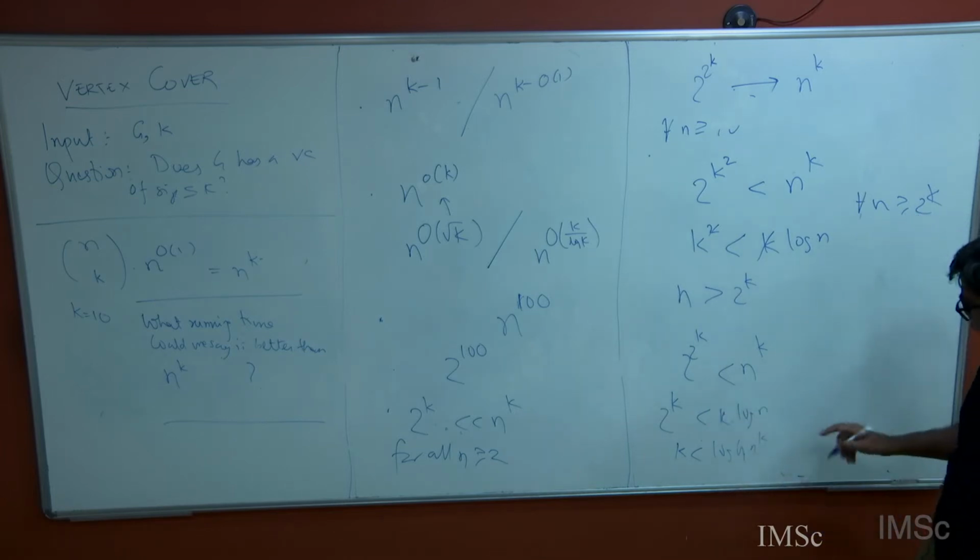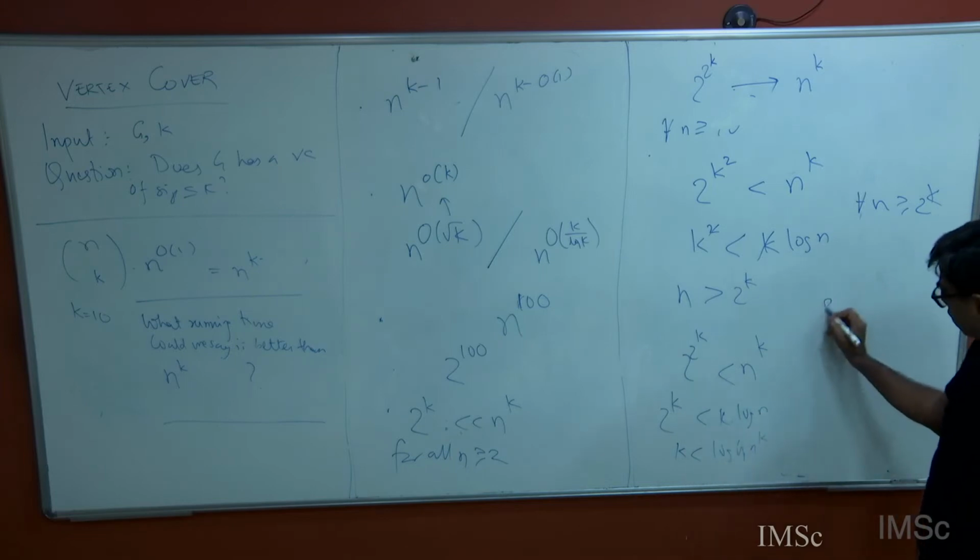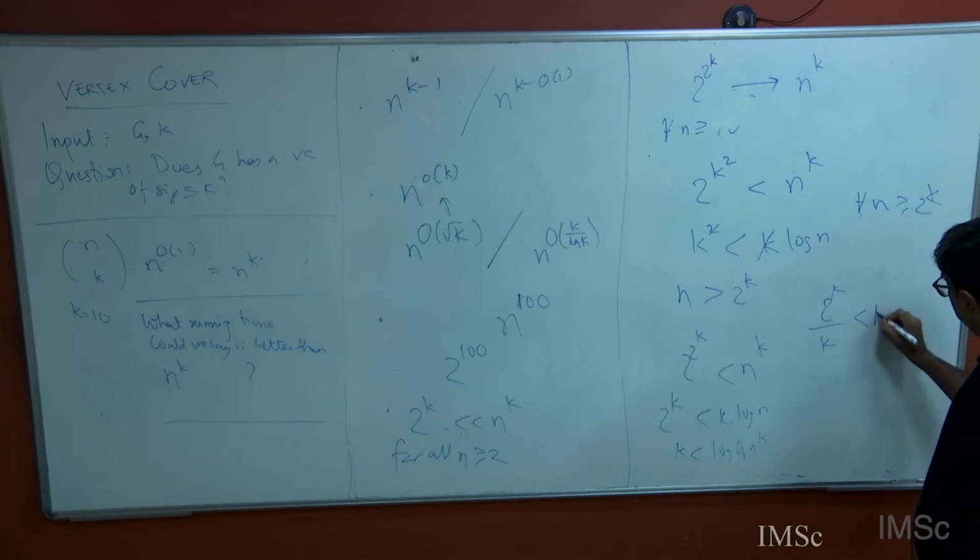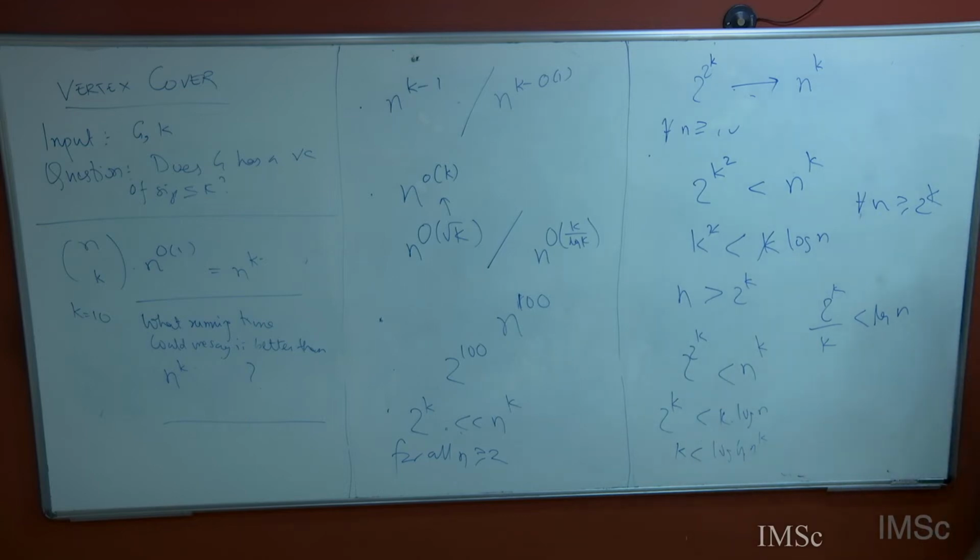Now 2 power k should be less than or equal to k log n, or rather 2 power k by k should be less than or equal to log n. Now take log again. From here, n has to be greater than 2 power. That's it. So for any k, there is some n such that if you go larger, this happens.